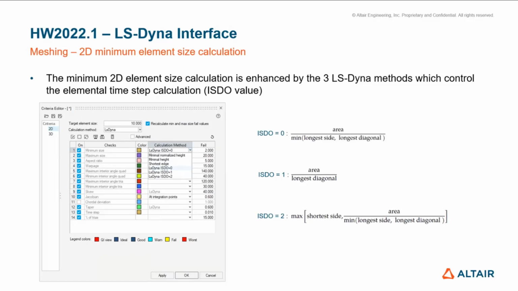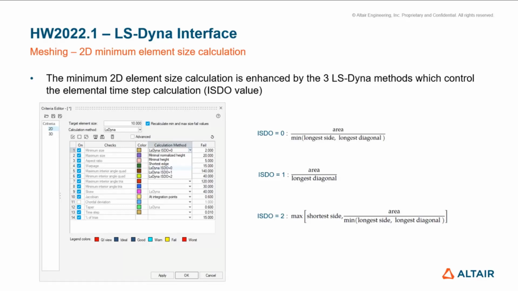One of the important changes made is for the meshing. We now provide, for the calculation of the minimum size of the 2D elements, the three different methods that LS-DYNA supports, which is driven by the value ISTO: 0, 1, and 2. You see the different calculation methods.